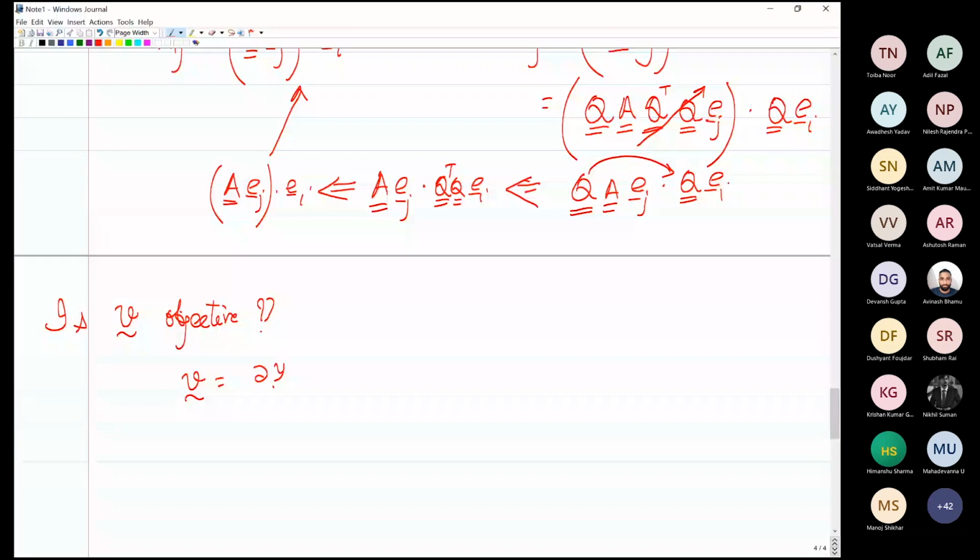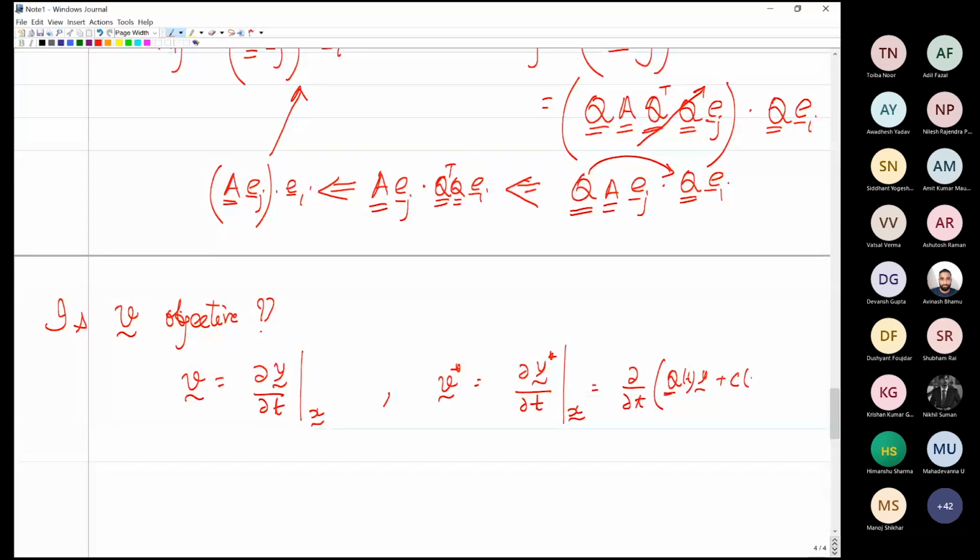Now put y star in terms of y, so it is del t of Q of t times y plus c of t, keeping x fixed, which will be Q dot times y plus Q times y dot, which is v, plus c dot. So that's your v star.